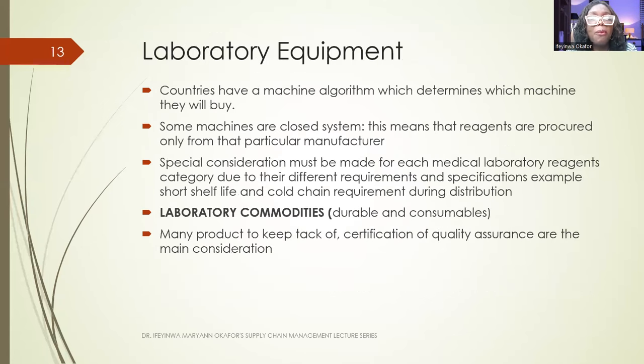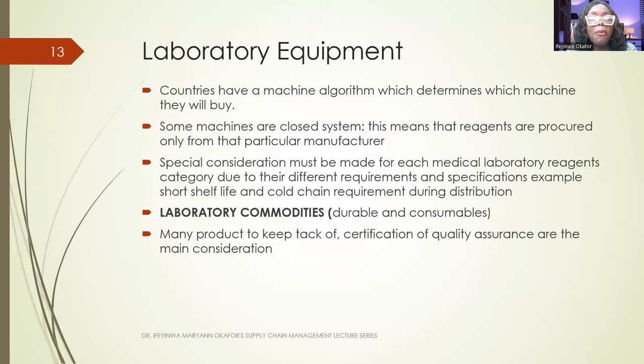Now let us look at what single source is. Single source is when only one source is selected to supply a particular product, even when there are other companies known to provide the same goods and services.